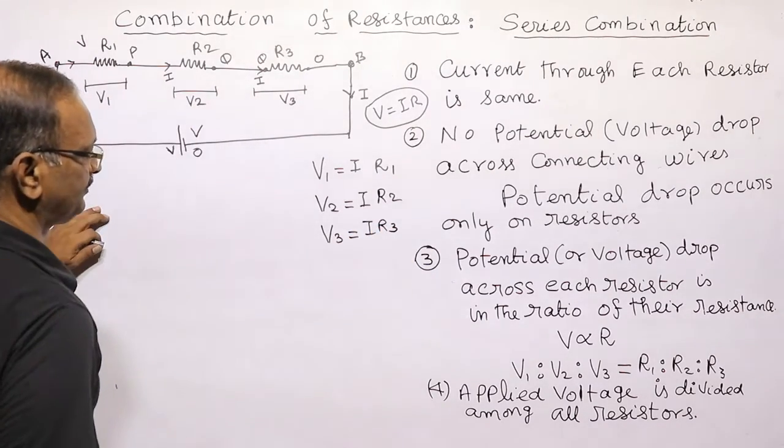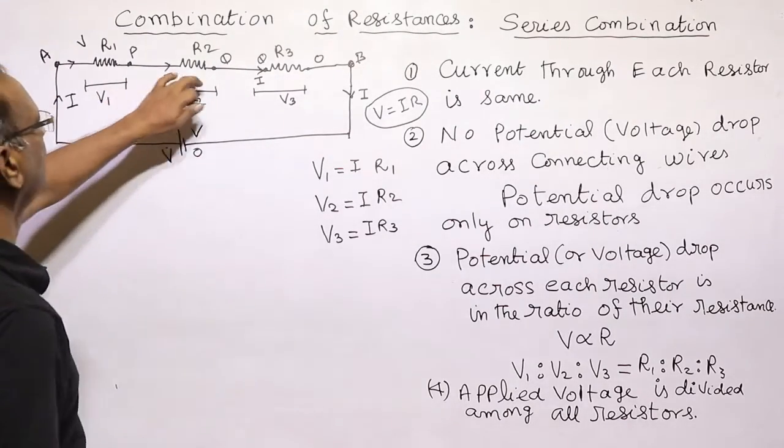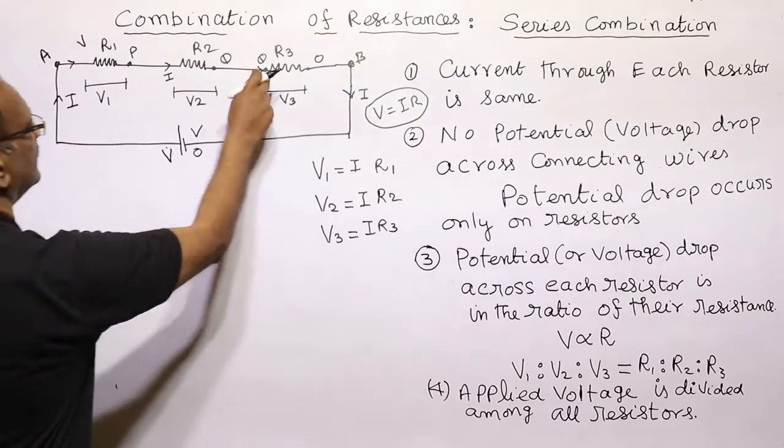That is the applied voltage. This applied voltage V will drop across all the resistors. The applied voltage is divided among all the resistors.